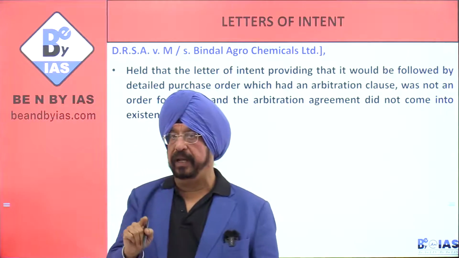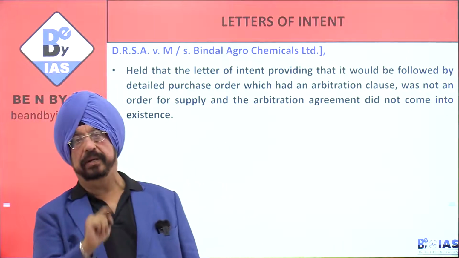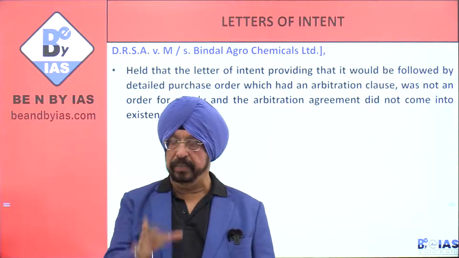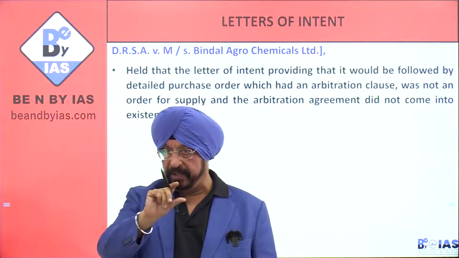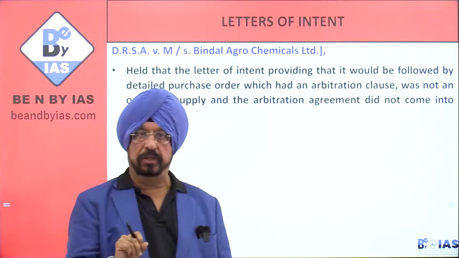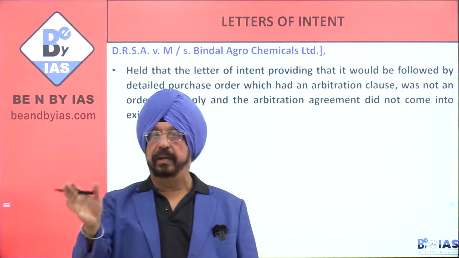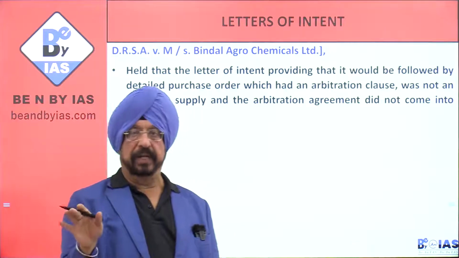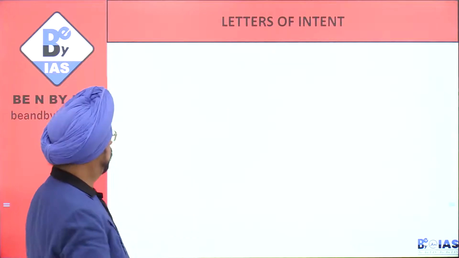There has to be an arbitration agreement. Either it is part of the main agreement, main contract, there is an arbitration clause, or if there is no such clause, there can be a separate arbitration agreement also. We'll study that when we discuss ADR. Okay.